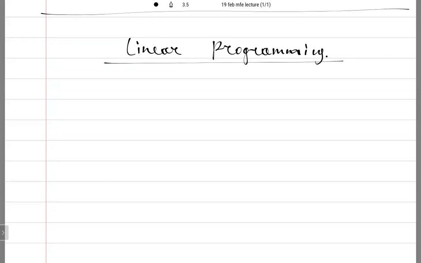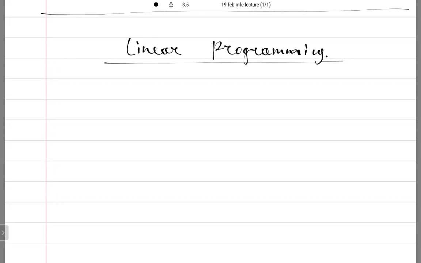Linear programming, about a century ago, was the subject of a fight between the United States of America and the Soviet Union. It's a cool story because nowadays linear programming is used for high frequency trading.